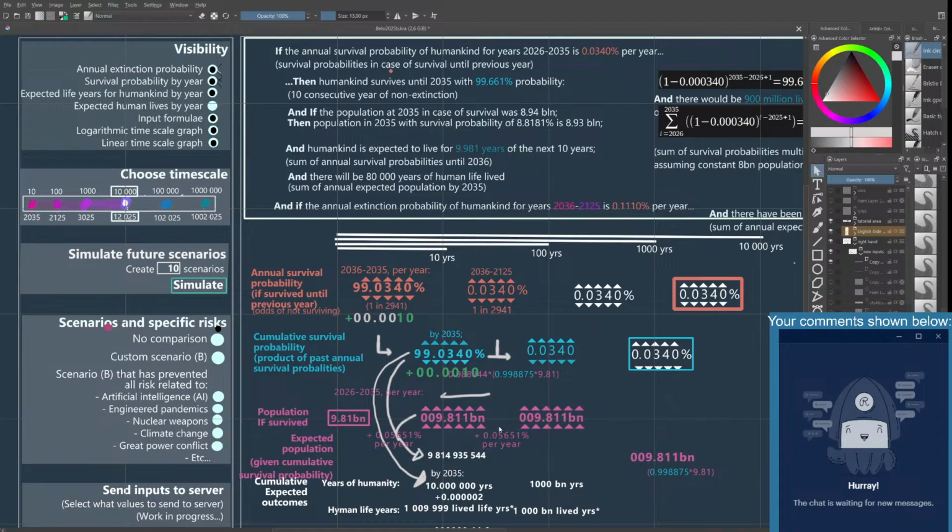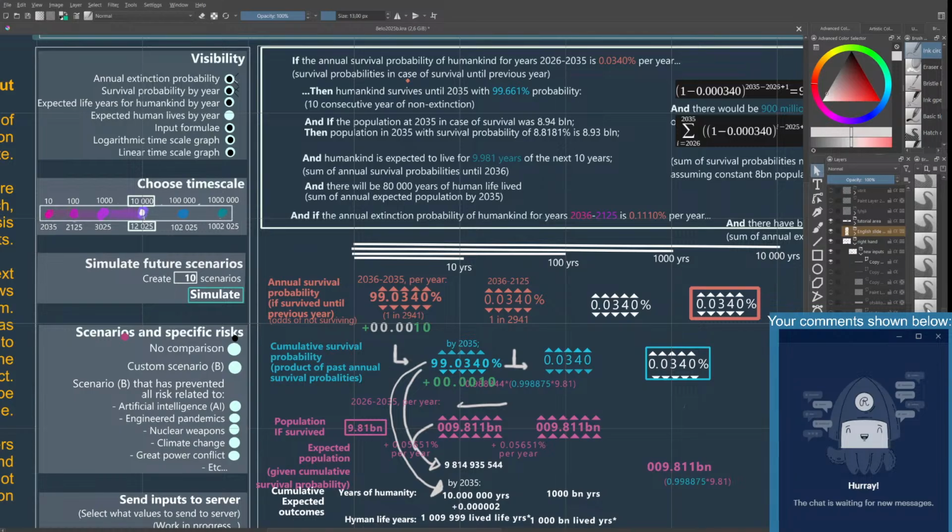I think it's also good for me to flesh this out a little bit, because a lot of these inputs that I have here are just examples for one year, and so here we have another example.